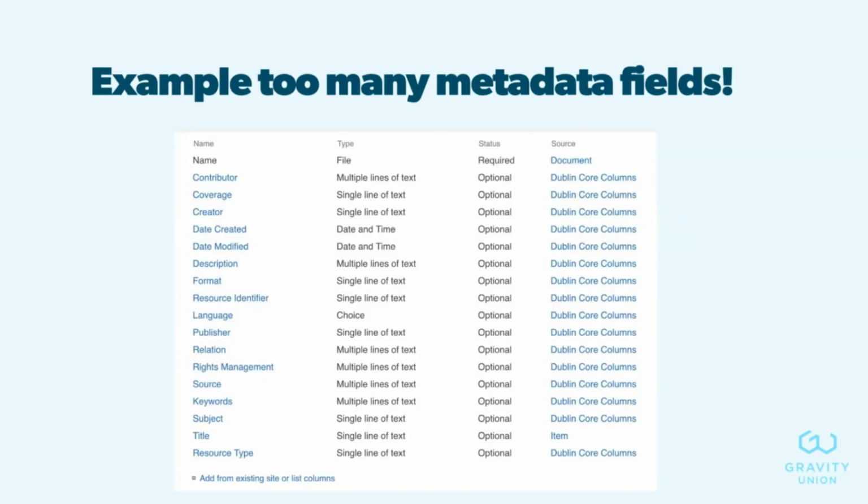And this is a bit of an example. So it's a bit of an old school content type. But this is when we let information management people design metadata outside of the context of a good user experience.